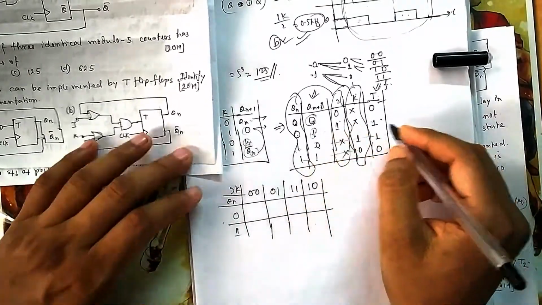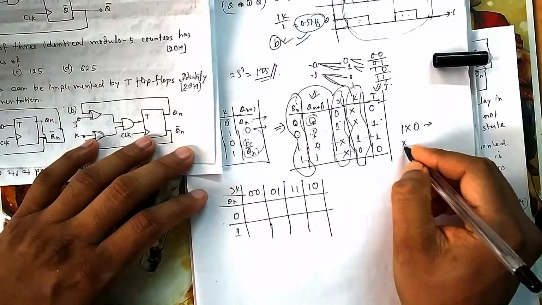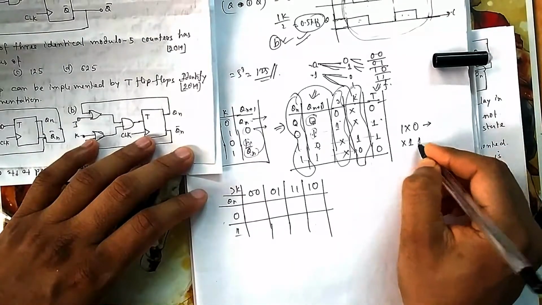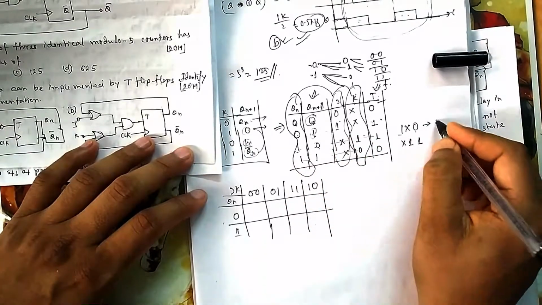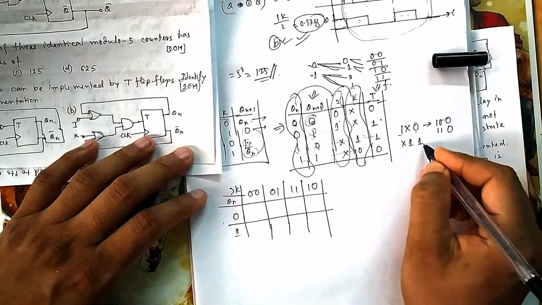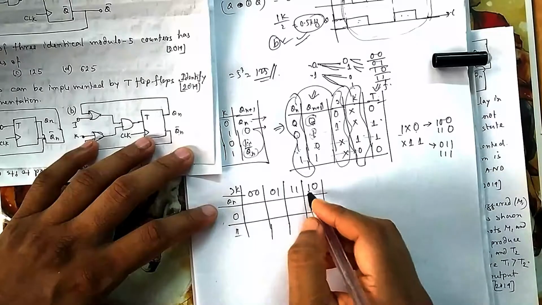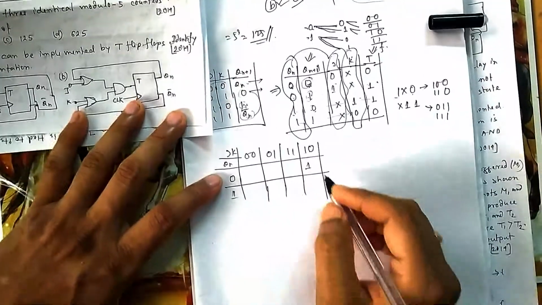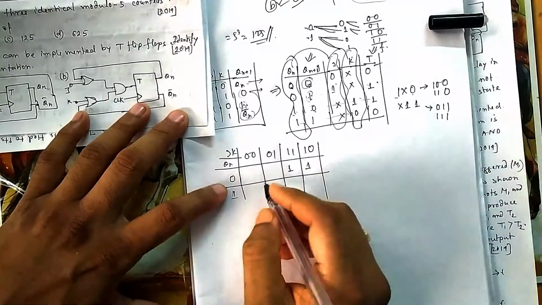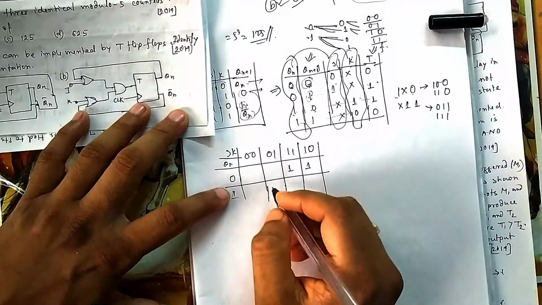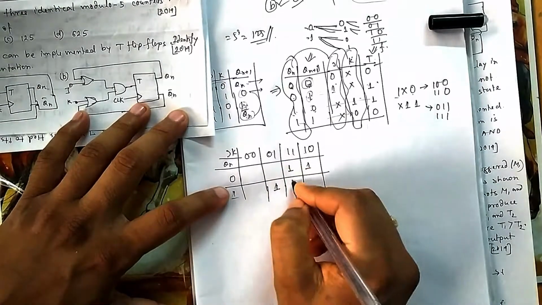You can see 1 cross 0, so this is one case, JK Qn. 1 cross 0 means it can be 100 or 110, and cross 1, 1 means 011 or 111. So these are the cases.